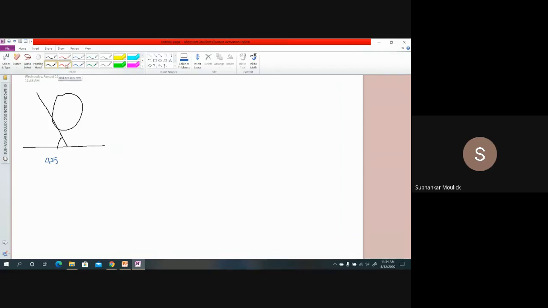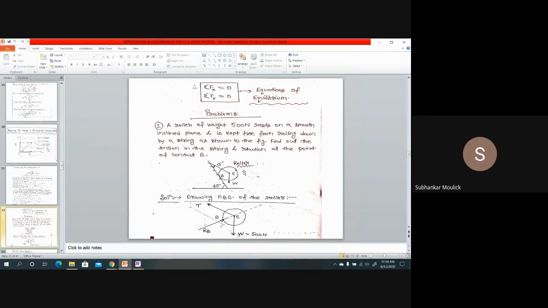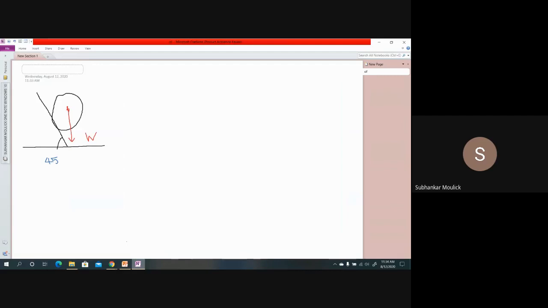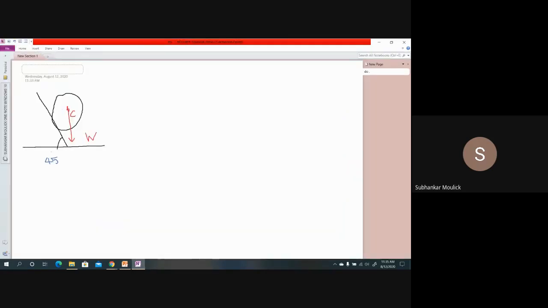Let us draw this weight acting vertically downward from the center of gravity. The center of gravity point is point C, which is given in the problem. So let us mark this point as C. And the roller is in contact with this inclined plane at point B. That means this particular point will be point B.